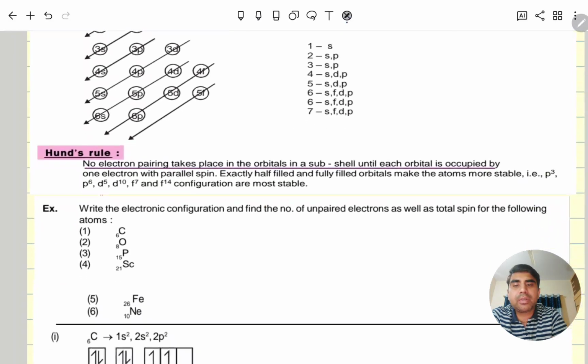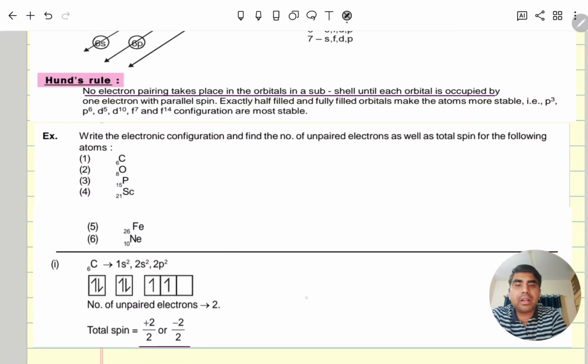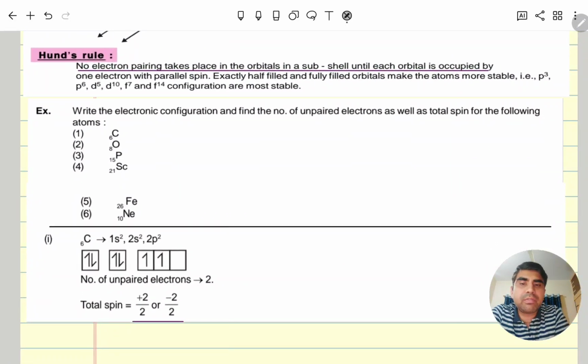Next, here you can see some questions asking you to write the electronic configuration, calculate the number of unpaired electrons, and the total spin also. For one example, we can see that carbon has 1s2, 2s2 and 2p2. So first we fill one electron each. So the number of unpaired electrons in the ground state is 2.